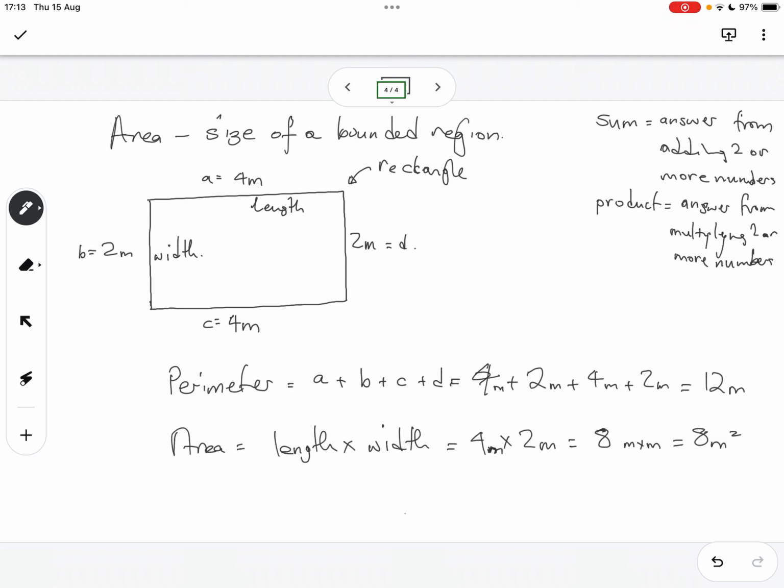Again, with volume, you will also have a similar thing, but volume, the units are in cube. So it'll be m to the power 3. So if you want to work out the volume of the room that we're in, it'll be however many meters there times however many meters the long side times however many meters from top to bottom.